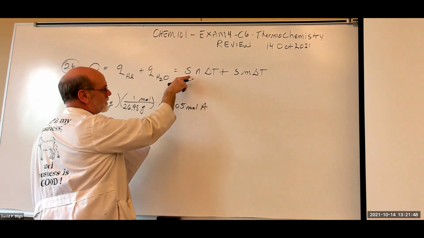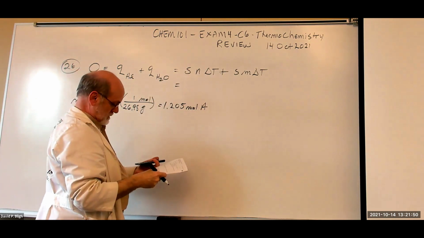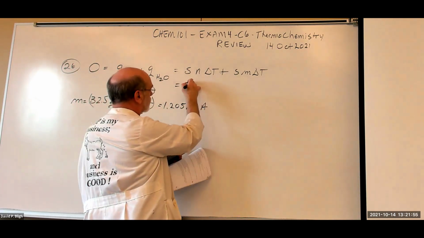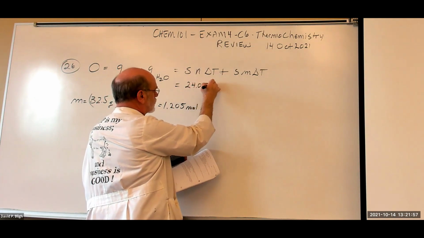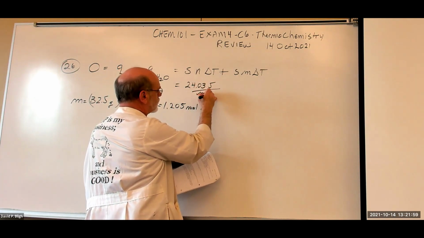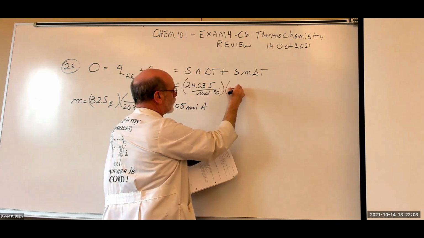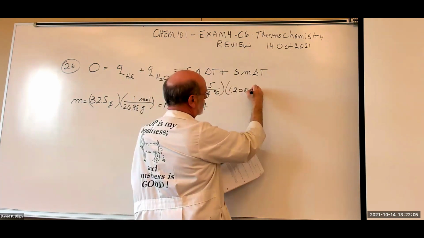So the value for S for aluminum is given as 24.03 joules per mole degree C. The number of moles is 1.205.